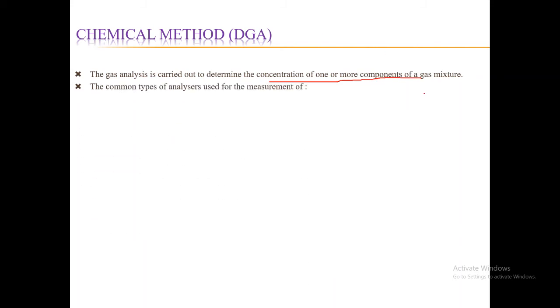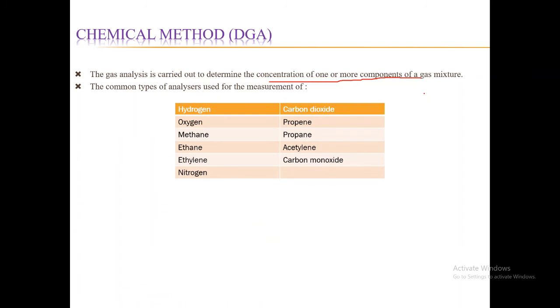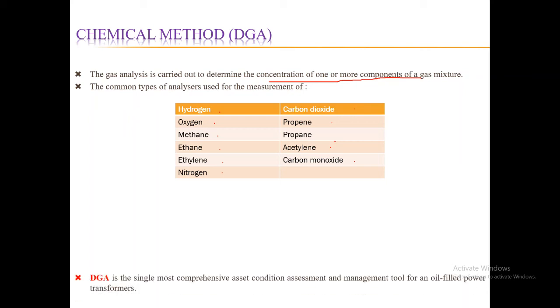The common analyzers are used for the measurement of hydrogen, oxygen, methane, ethane, ethylene, nitrogen, carbon dioxide, propane, propylene, acetylene, carbon monoxide, etc. Because these are the gases which are normally generated when there is a vaporization of the liquid dielectrics.